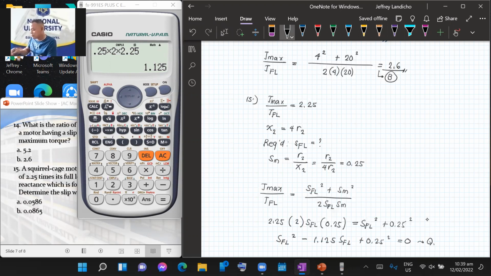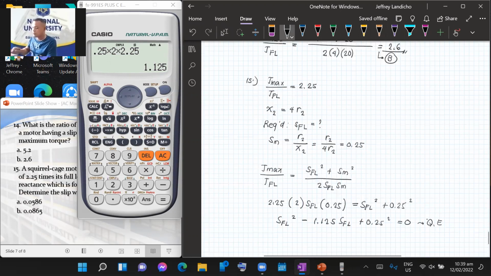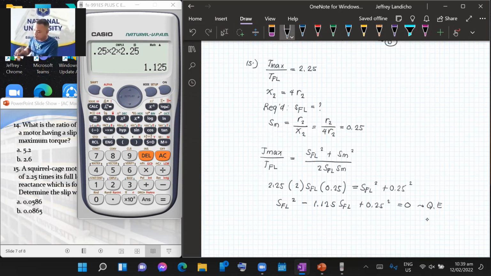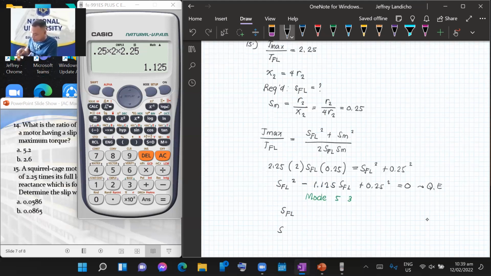Anong meron? You have now quadratic equation. So using our quadratic equation, pwede na natin kunin quadratic equation. Alam natin that is at mode 5, 3. So we have now slip at full load. So we have two possible value since quadratic equation. Yan, no? So ano labas? Mode 5, 3.